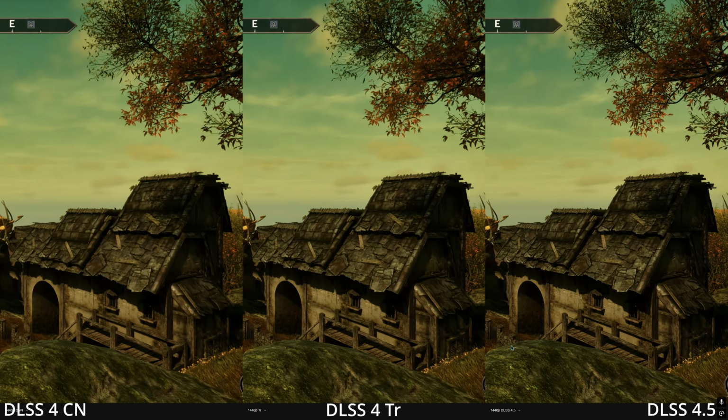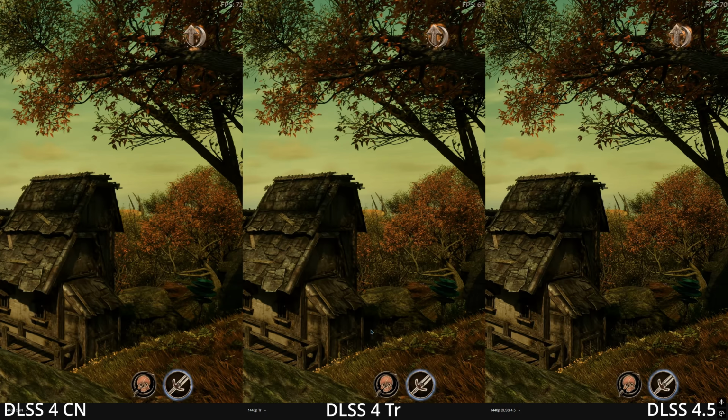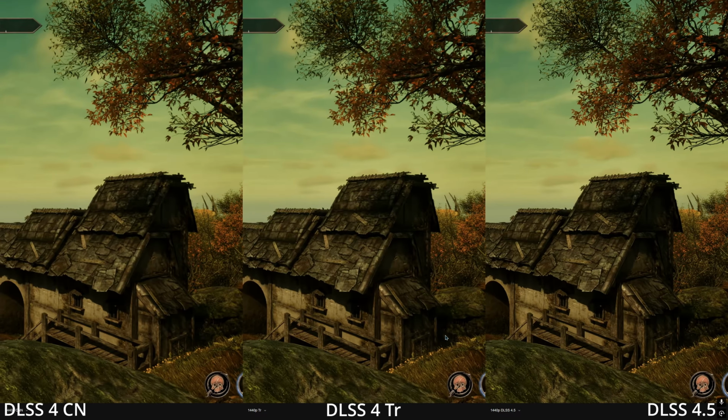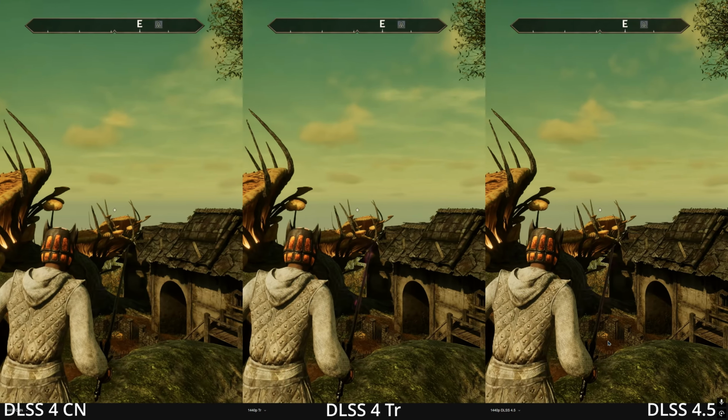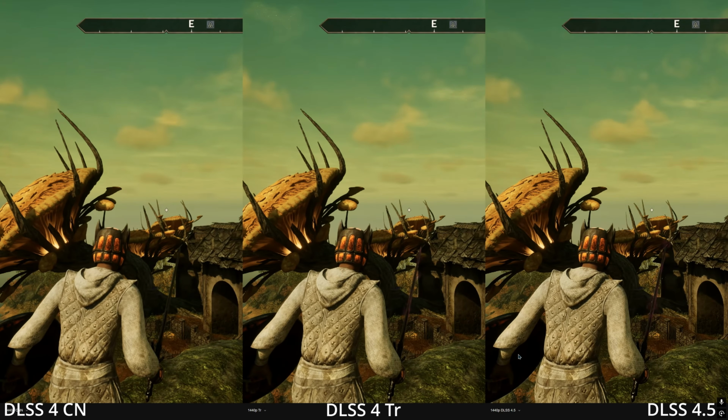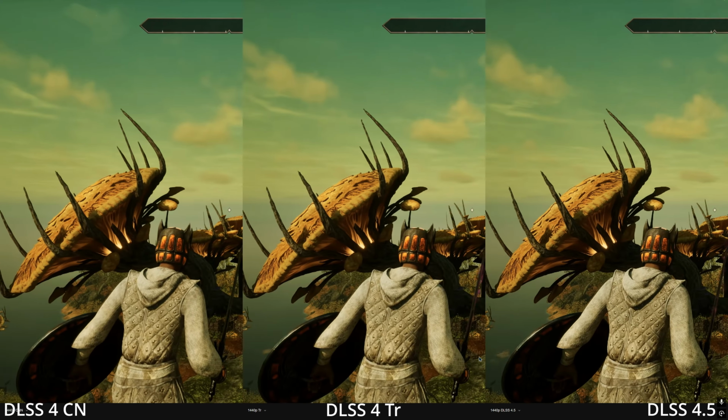Apart from the increase in detail, you can also see that there's a clear improvement in the global illumination Lumen retention with DLSS 4.5 second gen transformer model. This makes the whole scene brighter and more vibrant.